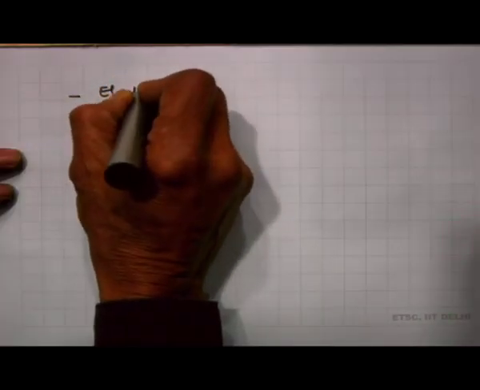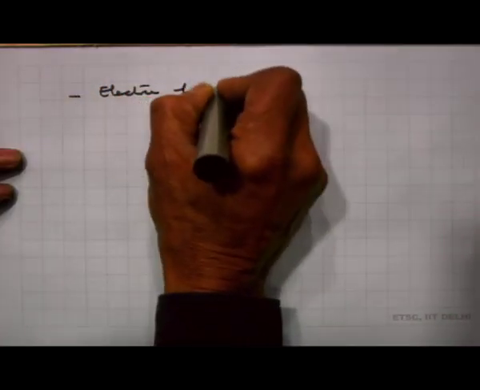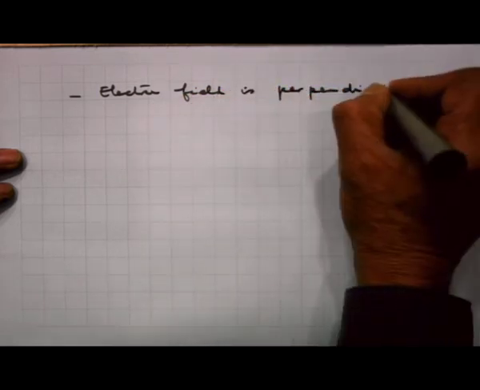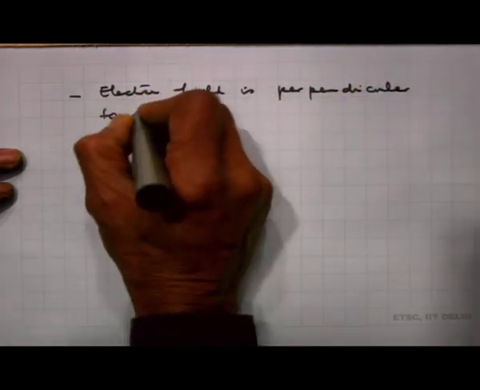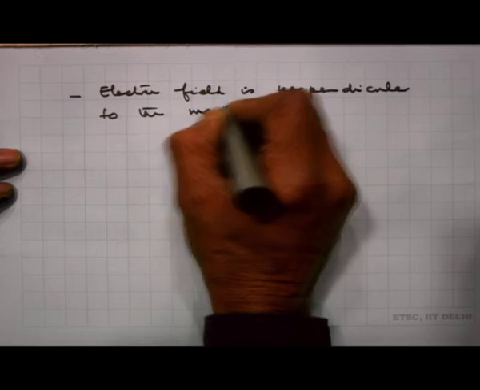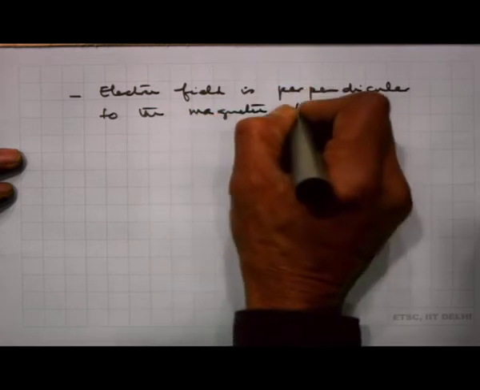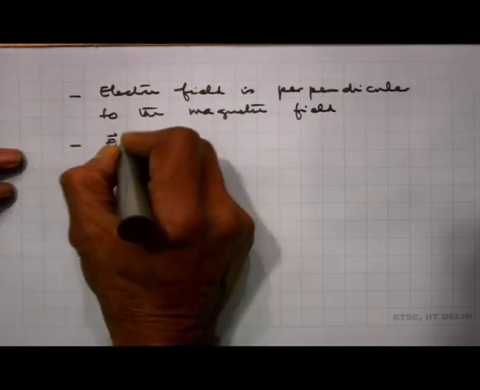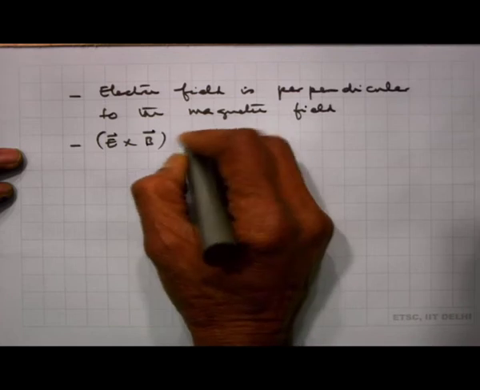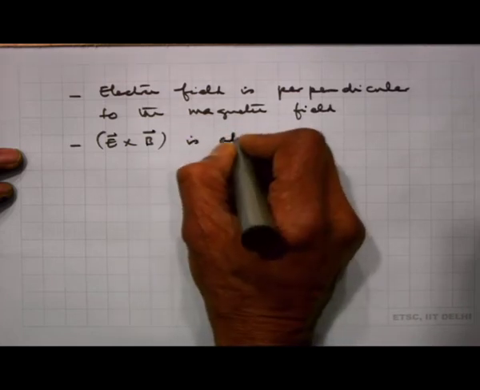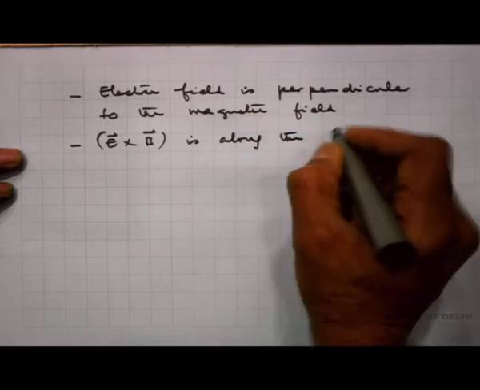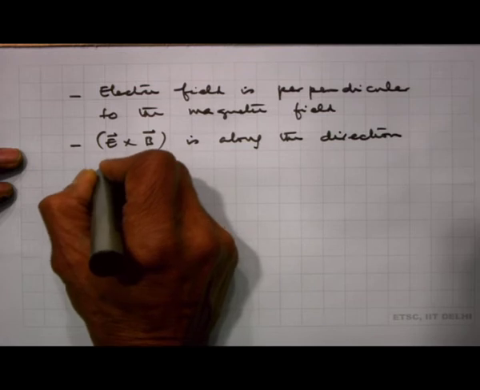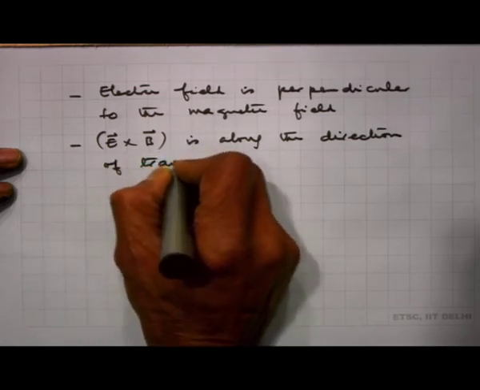Electric field is perpendicular to the magnetic field, and this vector E cross B is along the direction of travel of the wave.